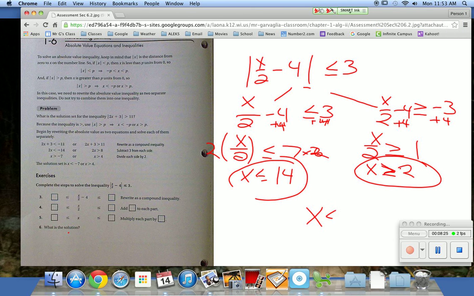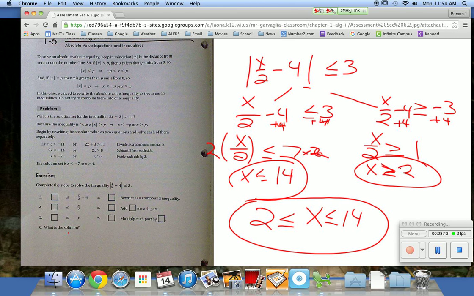We'd have less than or equal to 14 over here. Okay? But now we'd take the 2 and we'd put it over here. The arrow is pointing at the 2, so this would be less than or equal to here. That's the way they have it. If you give it to me in this form here, it's good. That's all you have to do.